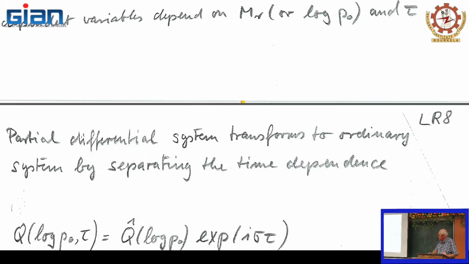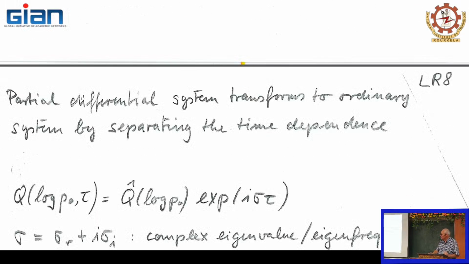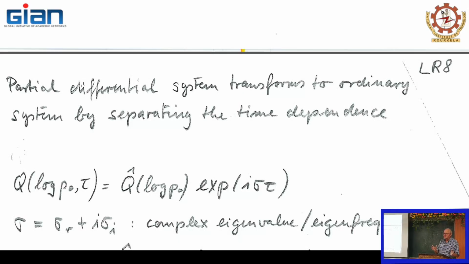So this partial differential system, with respect to the mass m and the time t, can be separated into an ordinary differential system with respect to the mass coordinate in space, and by separating the time dependence according to an exponential, we can get rid of the time dependence and solve it only in terms of log p, or the mass m_r.